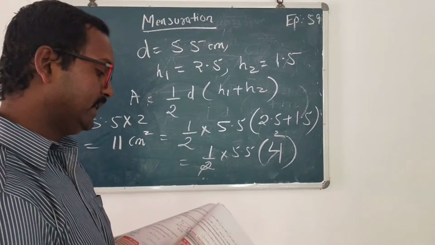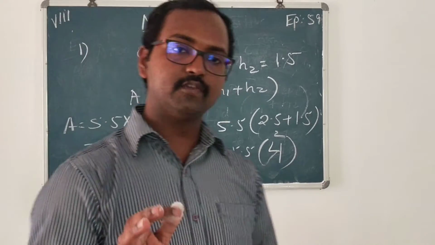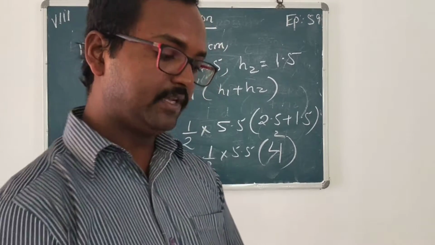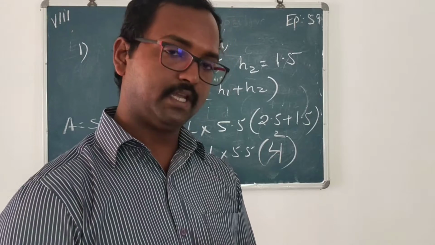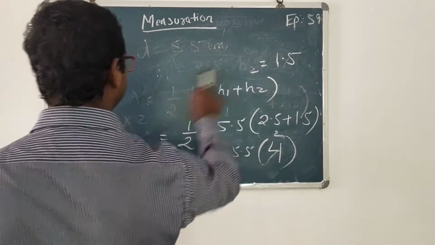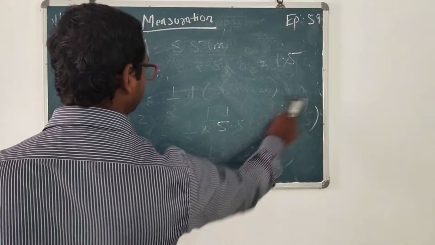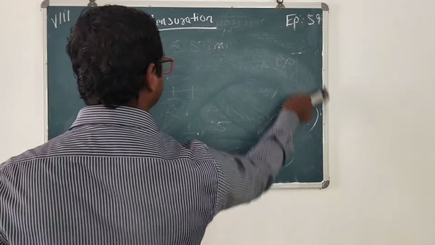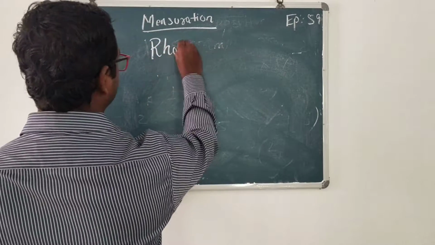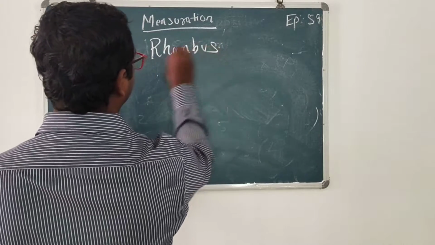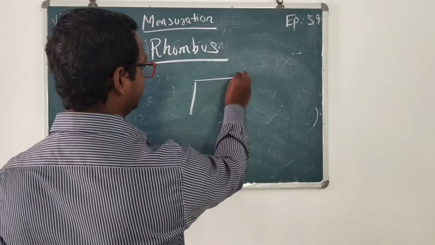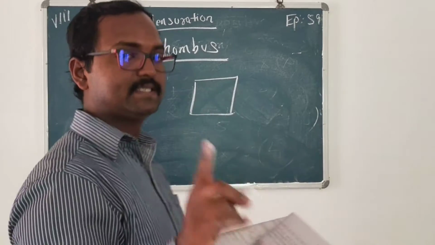Now let's talk about the area of a special quadrilateral. Here we are going to discuss the rhombus. In a rhombus we have four sides, and all the sides are going to be equal.